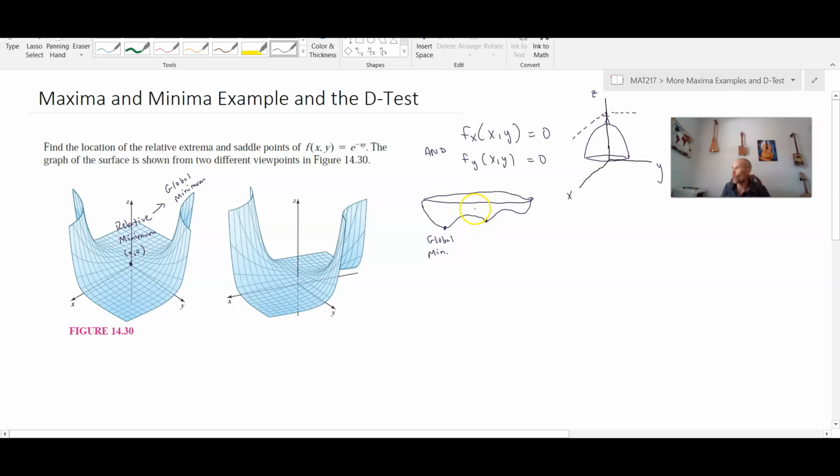Because if you're walking along this surface right here and you make it down to this dip, you are at a minimum point, but it's relative to the points surrounding it, right? So between, let's say, here and here, that represents a minimum, but it's not global because there exists a lower minimum. And so that's the differentiation between global and relative. And then we'll also have another relative minimum right there.